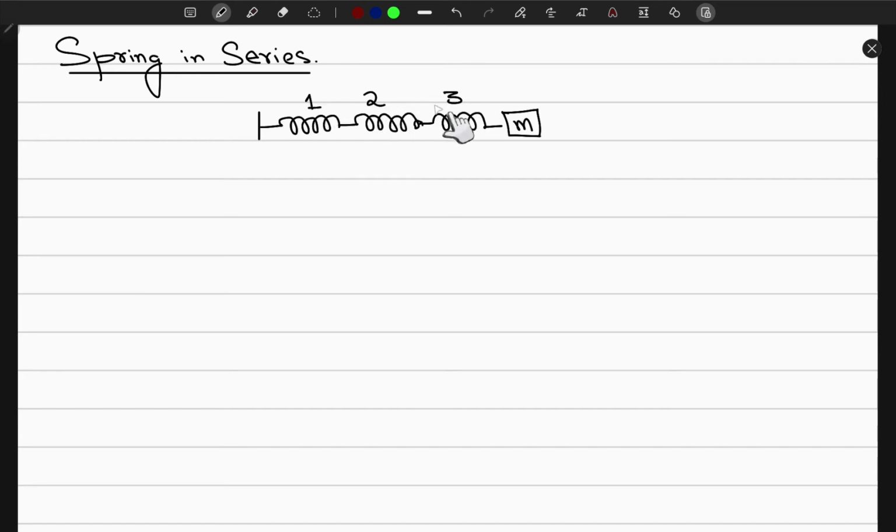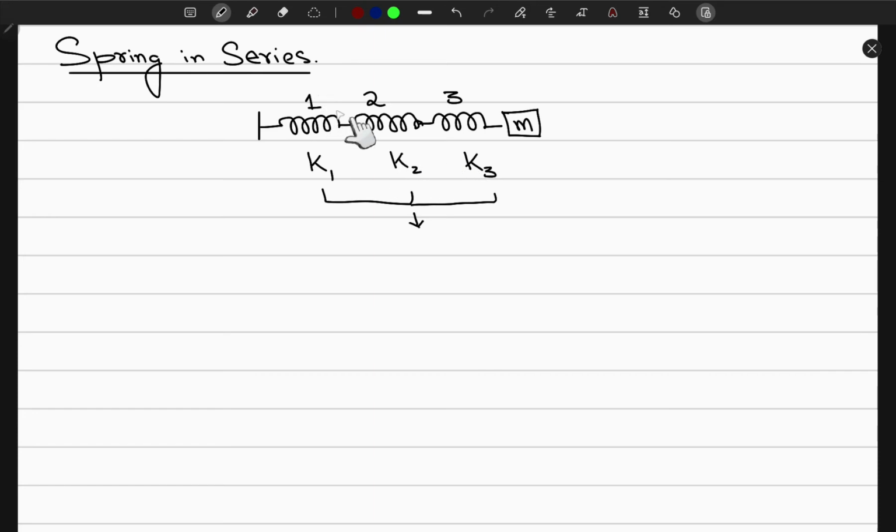Every different spring has a spring constant k assigned to it, which depends on the nature of the spring, the material of the spring, the shape of the spring, and so on. Let's suppose that spring 1 has constant k1, spring 2 has constant k2, while spring 3 has constant k3.